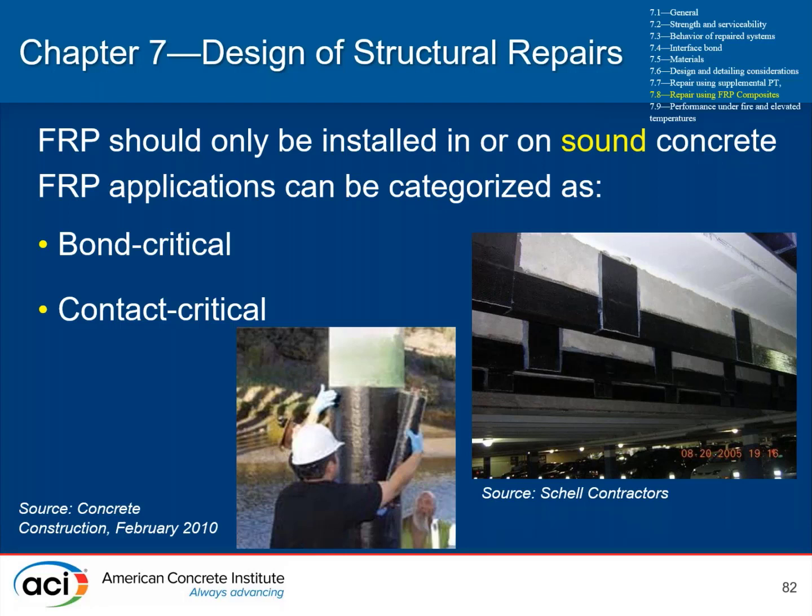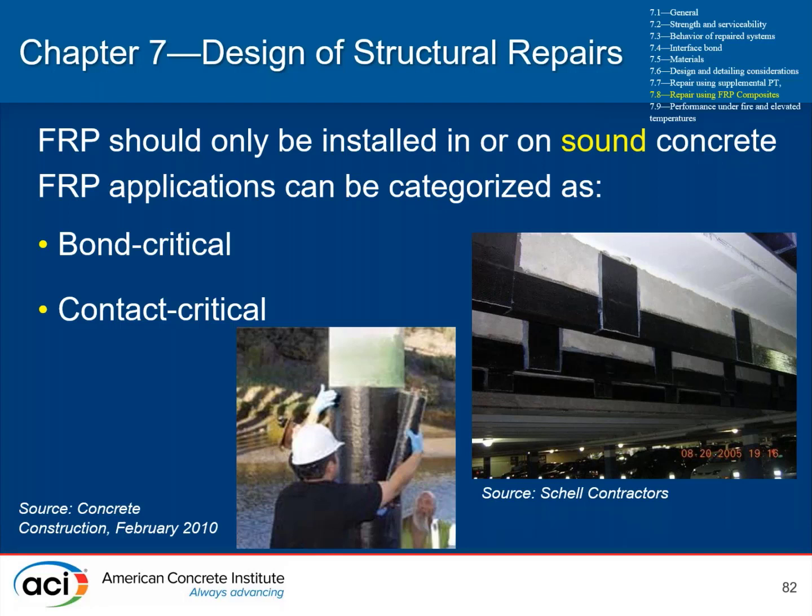Applications are generally categorized as bond critical or contact critical. Bond critical are those applications where it's critical that the FRP is bonded to the concrete, and the action is created through that bond, through that stress transfer, that strain compatibility through the bond. For instance, if you're strengthening with respect to shear or flexure.